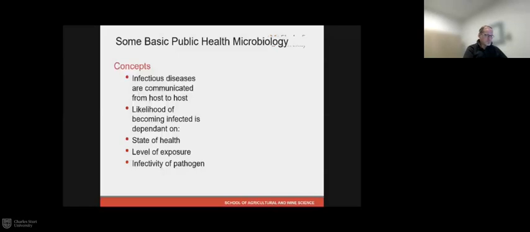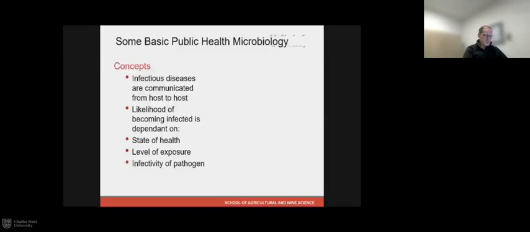And then infectivity of pathogen. What about that? It's to do with that infectiousness, I think. Yeah, how effective it is at actually causing infection. And it has to overcome quite a few defences to actually infect someone. Do we have any natural defence mechanisms for disease?